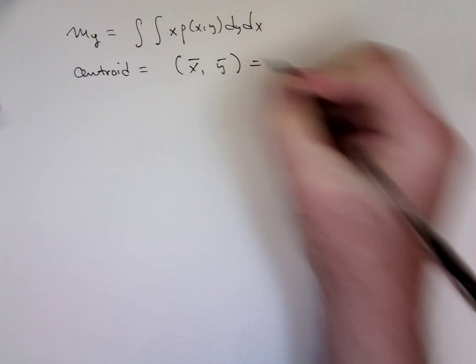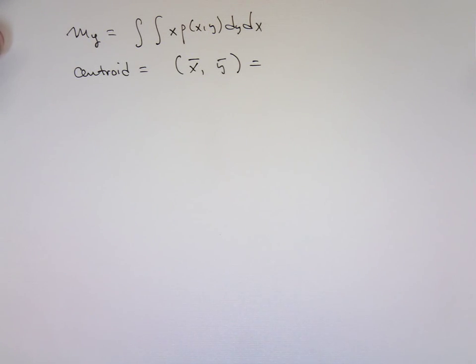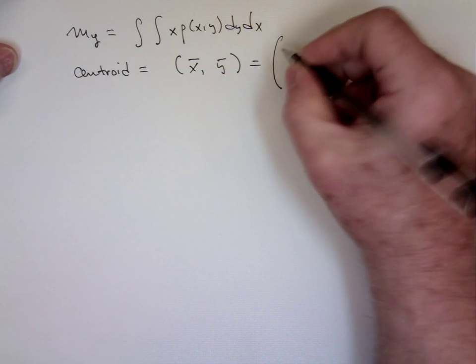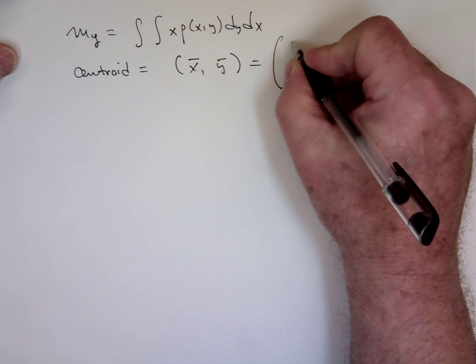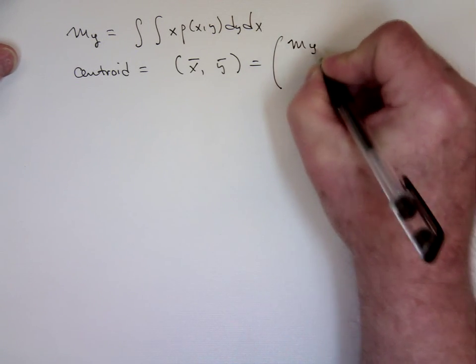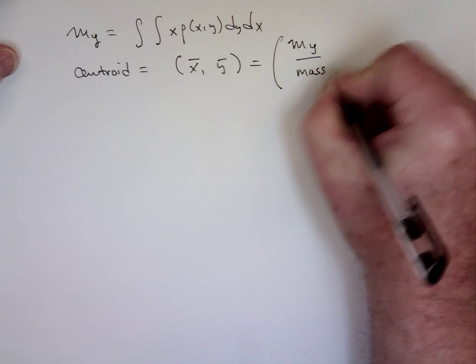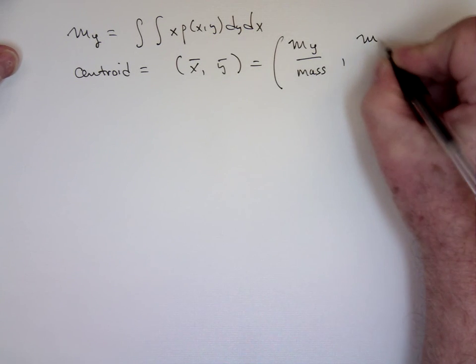In statistics, when you see X bar and Y bar, it's the average. That's what the X bar means. It means the mean of the X's and the mean of the Y's. And that's equal to the average moment, which is what? X bar is M sub Y over the mass. Y bar is M sub X over the mass.